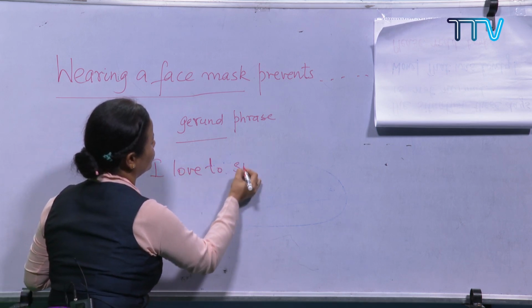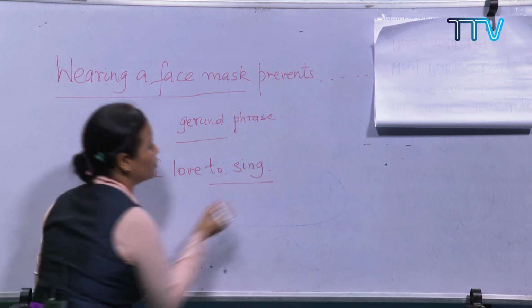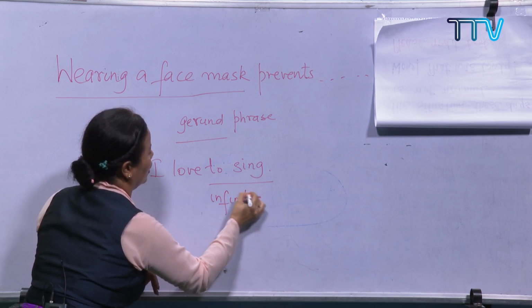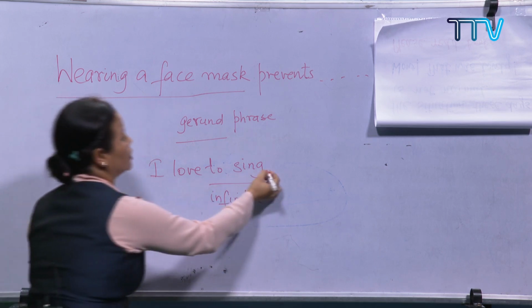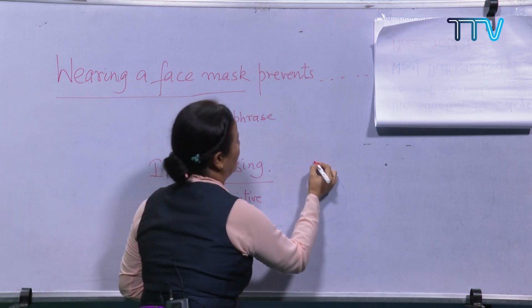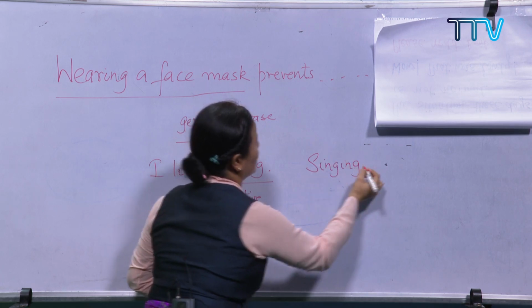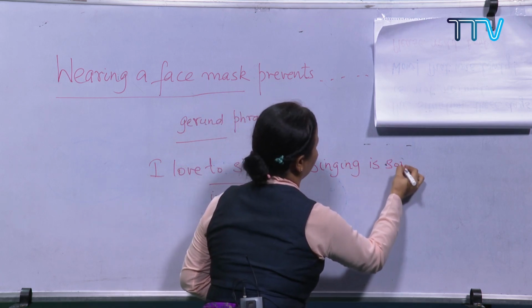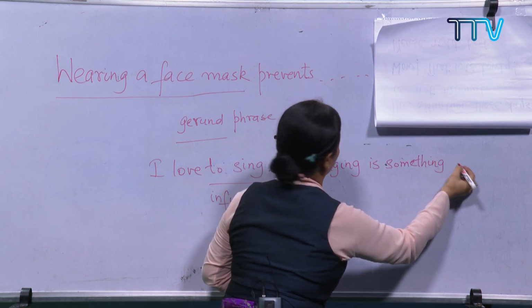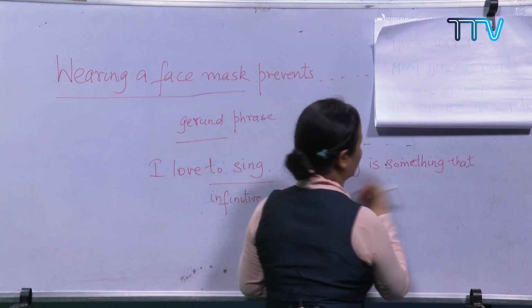I love to sing, right? I love to sing. This is infinitive. Now the same sentence can be conveyed in another way. Singing is something that I love, or singing is my hobby, or I love singing, right?